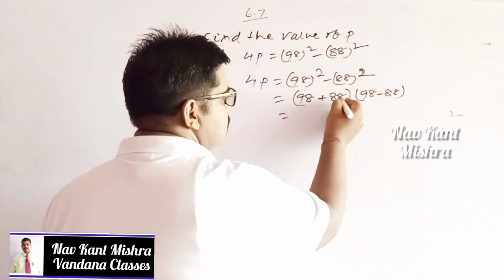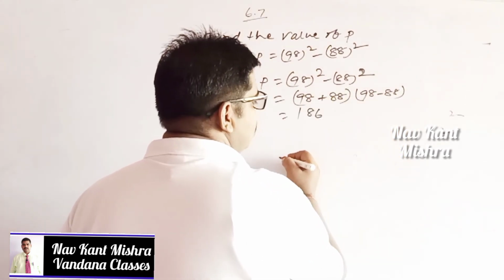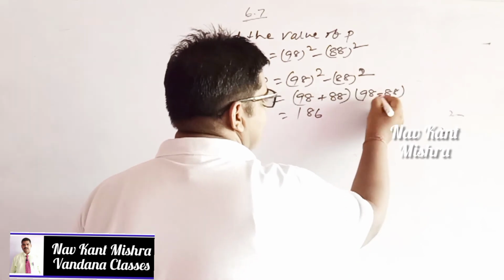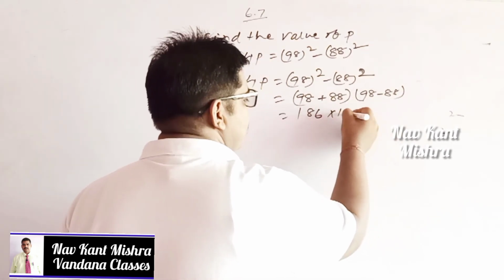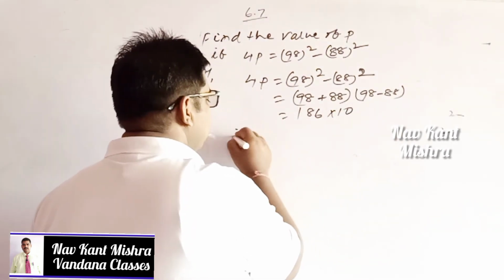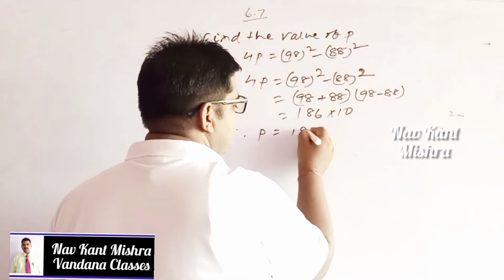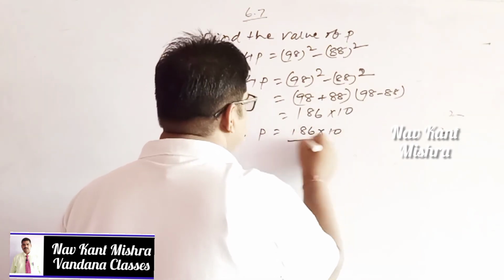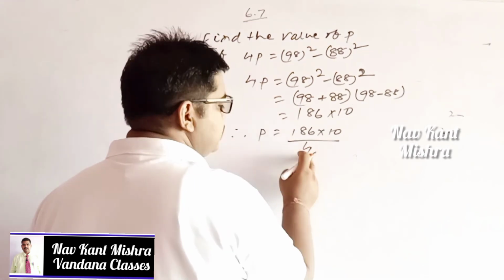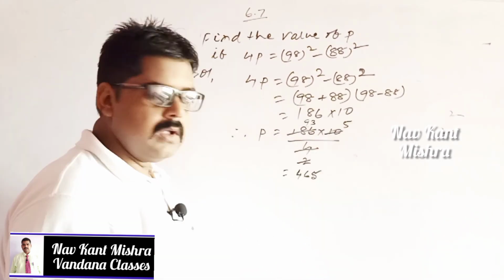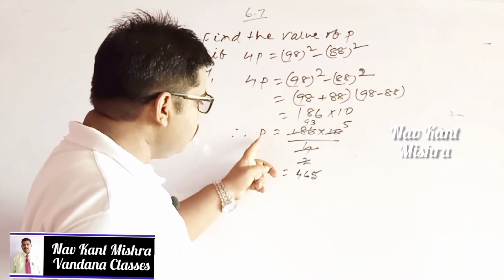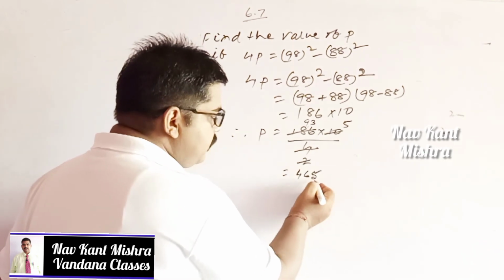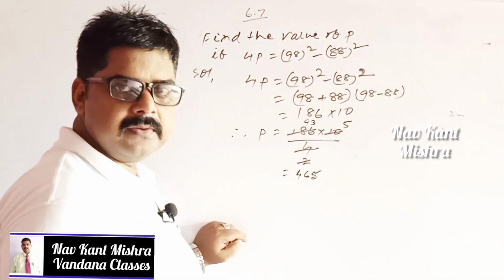You know that 98 plus 88 is equal to 186, and 98 minus 88 is equal to 10, and therefore p is equal to 186 into 10 upon 4, because multiply changes into divide, and on simplification you get p is equal to 465, and that is the value of p.